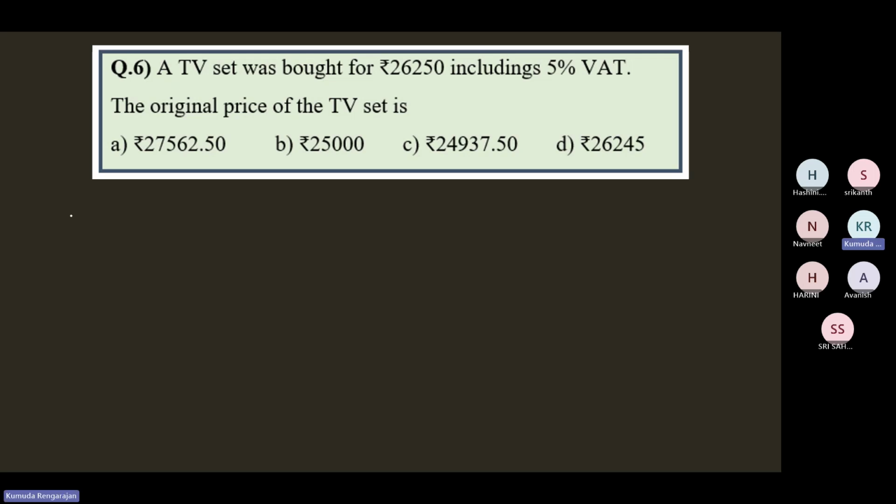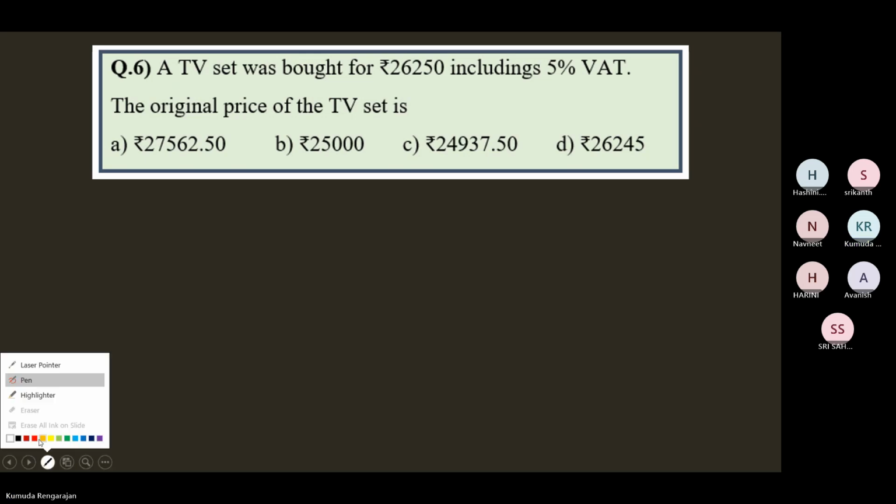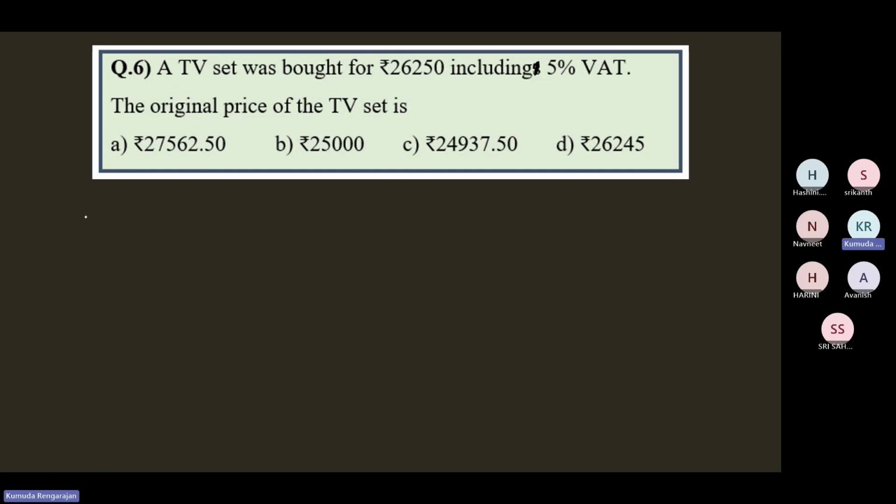Yeah. So see, we can do this together. Tell me, what is given? A TV set was bought for rupees 26,250, including 5% VAT. So is this the price after VAT or before VAT? Is 26,250 the price before VAT or after VAT?